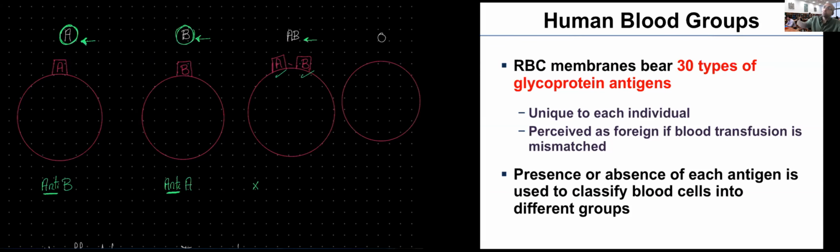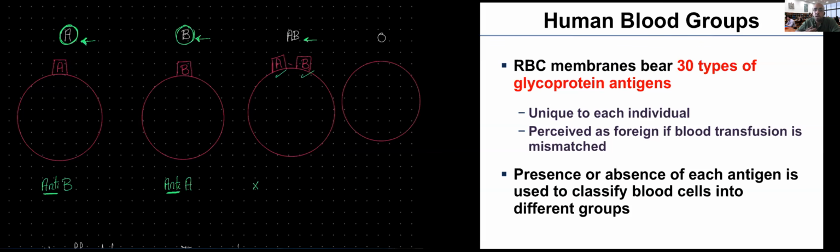How about if I'm blood group type O? Which one don't I have presented on the surface of my cells? Which ones are non-self antigens for me? Both A and B are non-self antigens.